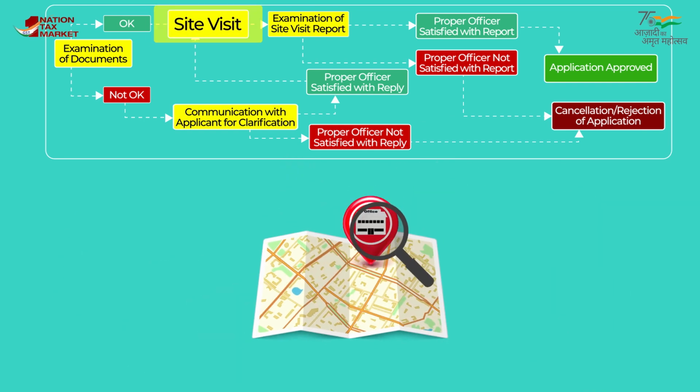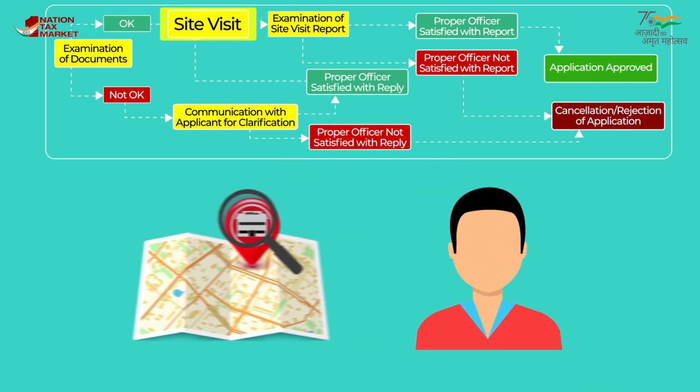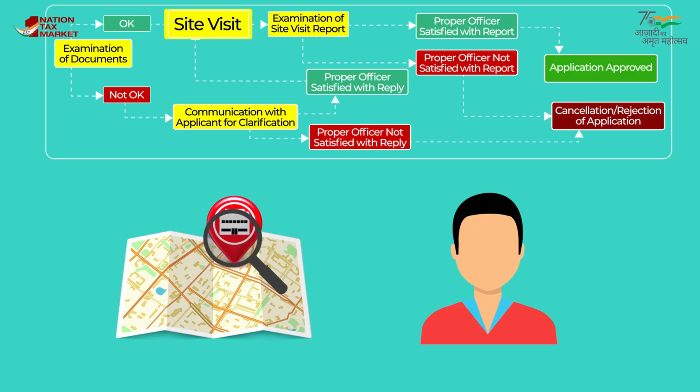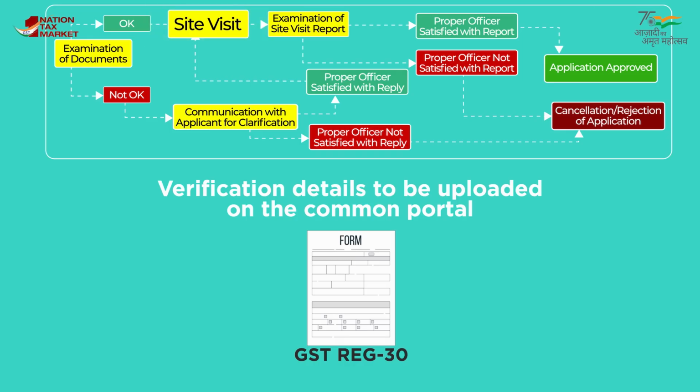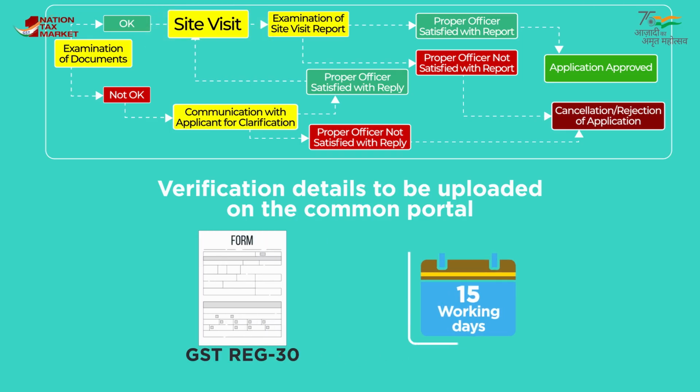Physical verification of principal place of business is conducted in the presence of applicant, details of which are to be uploaded on the common portal via Form GST Reg 30 within a period of 15 working days following the date of such verification.